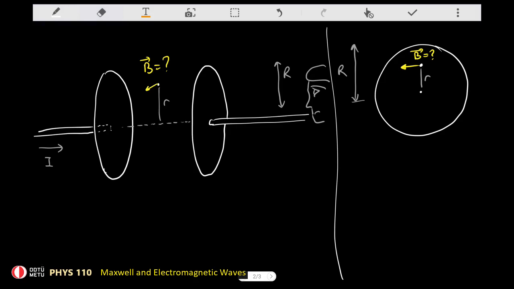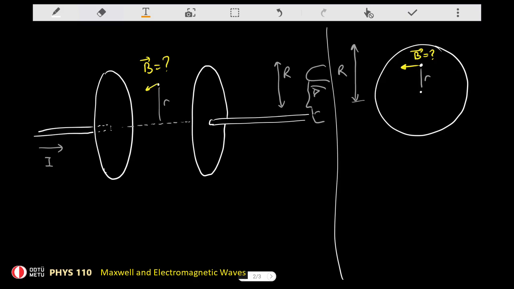Because if the separation between the plates is large compared to the diameter of the plates, then we cannot use this parallel plate formula. We cannot assume that the plates are almost infinite. So this kind of assumption will not work, and our results will not be valid in that case. Okay, so just keep this in mind.